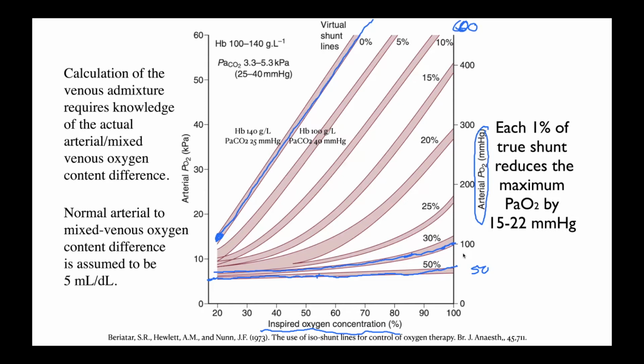And then this is the cool bit here. All right. So the next one you want to draw is in between 30. So between 0 and 30 is 15%. All right. And the thing to remember is that 15%, which is between 0 to 30, is in between the maximum amount of PO2 you can have, which is 660 and 100.